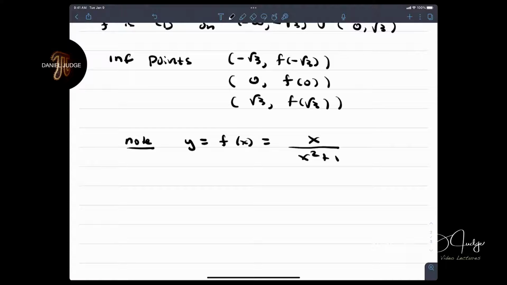So if I plug in these values, if I look at minus square root of 3, I'll have minus square root of 3 over, as a numerator, negative square root of 3 squared will just be 3. 3 plus 1 is 4.